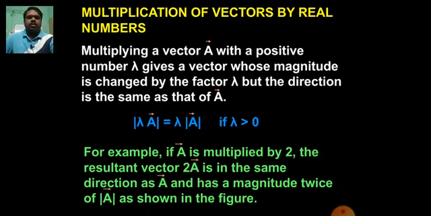For example, if vector A is multiplied by 2, the resultant vector will be twice of vector A in the same direction as vector A, but the magnitude becomes twice. You see, it is also represented with the help of this diagram. After multiplying vector A by 2, the magnitude becomes twice, but the direction remains constant.